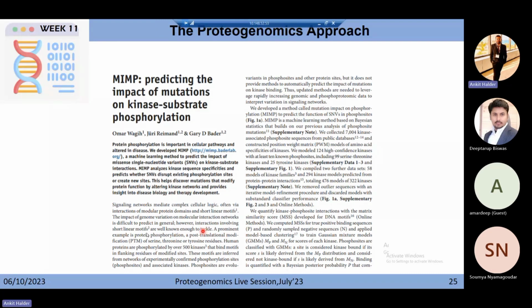A prominent example is protein phosphorylation, a post-translational modification of serine, threonine or tyrosine residues. You can go through it.